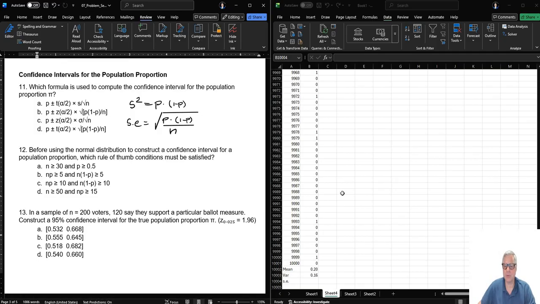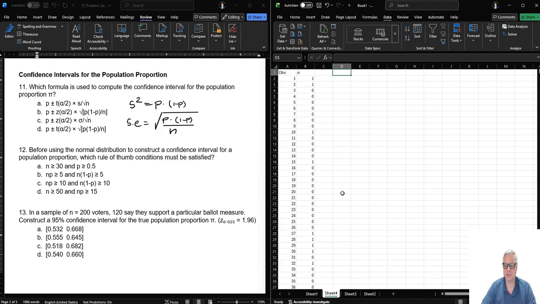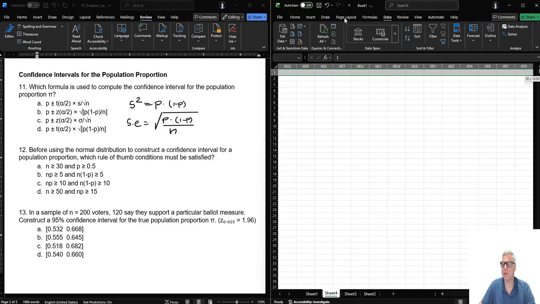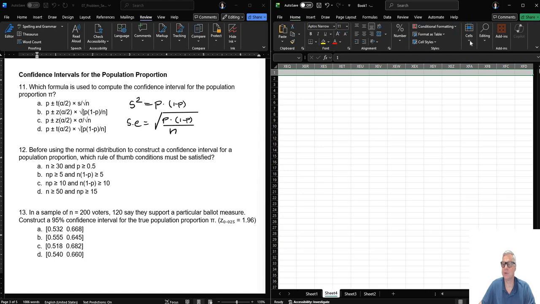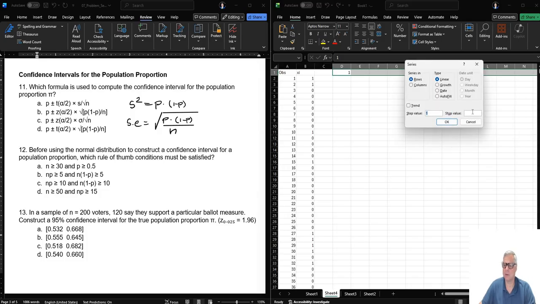So what we do is we have here our population, and let's quickly take 1,000 samples. So this will be sample 1, and now I create a series to the right that I fill by 1, and I stop at 1,000.